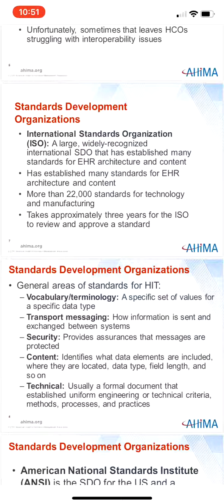Then we have content. It identifies what data elements are included, where they are located, the data type, the field length, and so on. HL7, CDA, and ASC X12 are examples. And then we have technical. Usually a formal document that establishes uniform engineering or technical criteria, methods, processes, and practices.